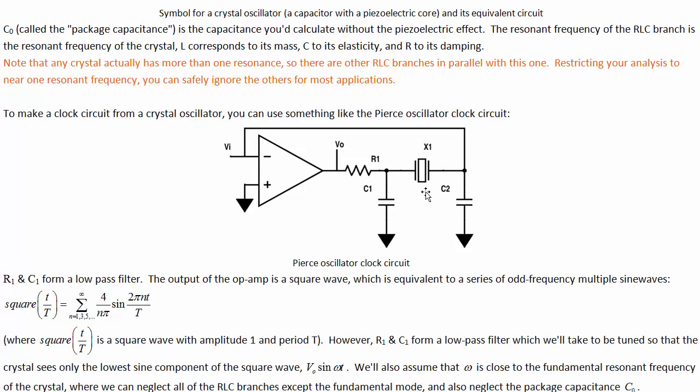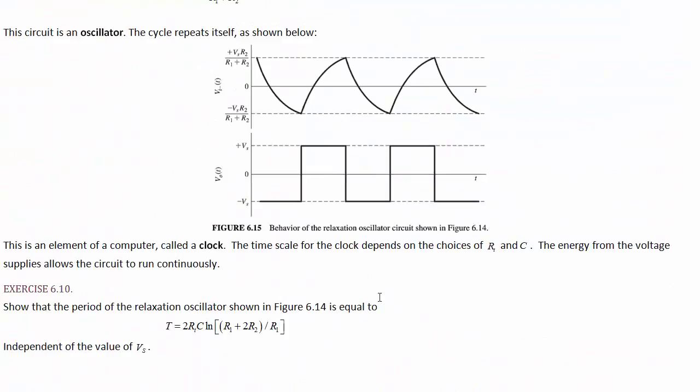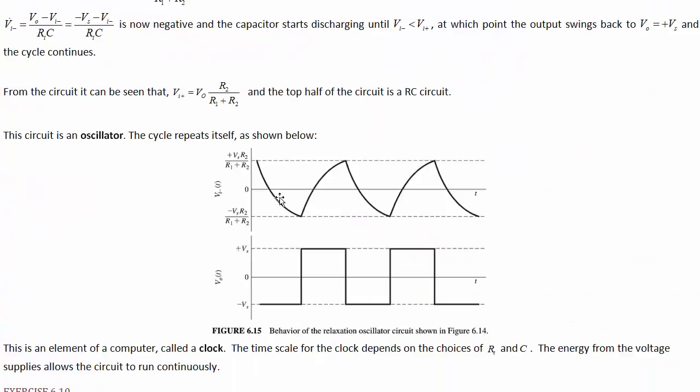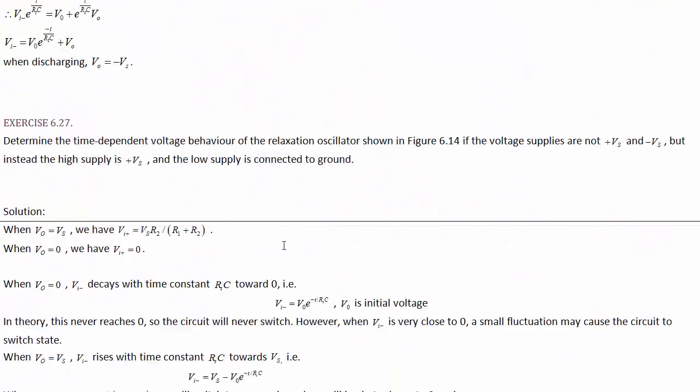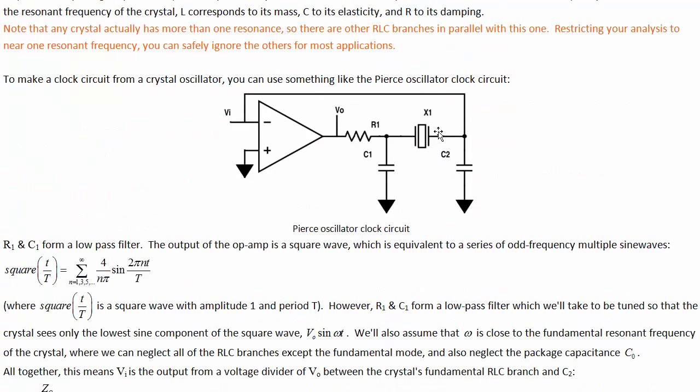The reason that we use quartz crystals rather than this RLC, this RC thing that we had up here, the relaxation oscillator, is mostly because quartz can be cut in a way that gives it a really good temperature stability. So we want our clock to always have the same frequency, whether the computer is just being turned on and it's maybe cold in the room, at 10 degrees, or it's been running for a while and this part of the board has gotten up to 75 degrees.